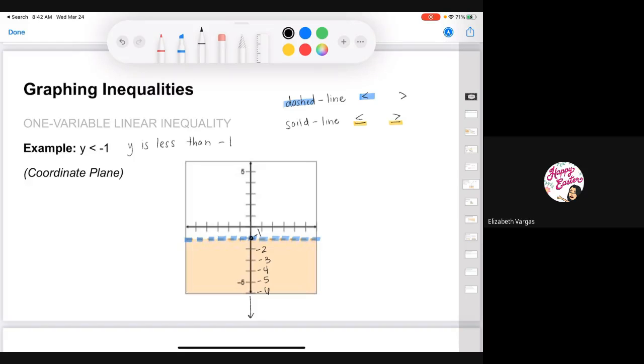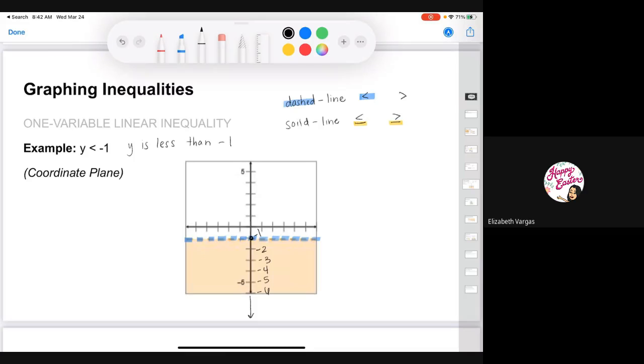So that is why we would create our graph to look like this. But the importance here is to know when to use a dashed line and when to use a solid line. We use a dashed line whenever we don't have or equal to. But whenever we see or equal to, we want to use a solid line. That's the first step when creating a coordinate plane to represent our inequalities.